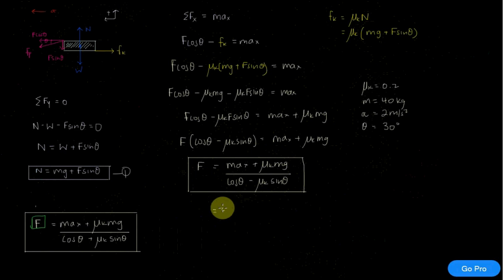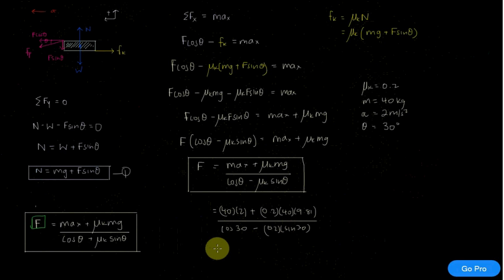So that's going to be 40 times 2 plus 0.2 times 40 times 9.81, same as it's always been, not any different. And this is going to be the cosine of 30 minus 0.2 times the sine of 30.